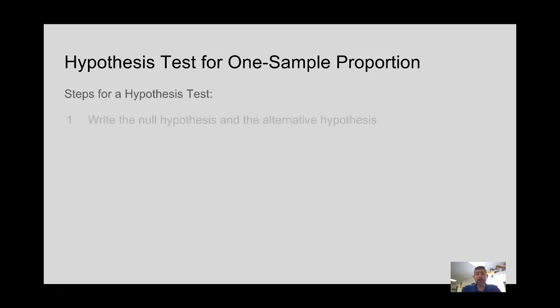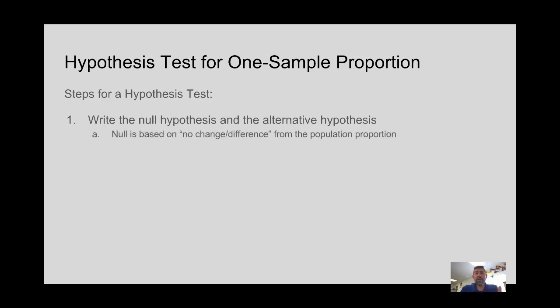So here are the steps. The first step is we're going to write our null and our alternative hypothesis. Our null hypothesis always comes from a base of no change or no difference. So we're really saying there's no difference between the population proportion and our sample proportion. It's the same. Our alternative hypothesis is either going to be greater than, less than, or not equal to the population proportion.